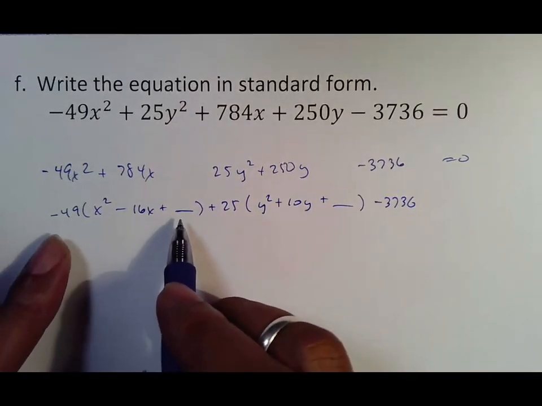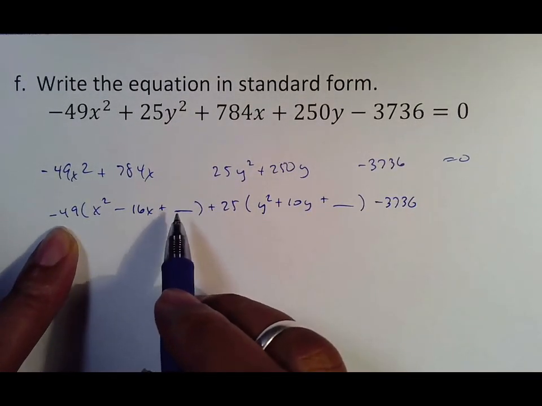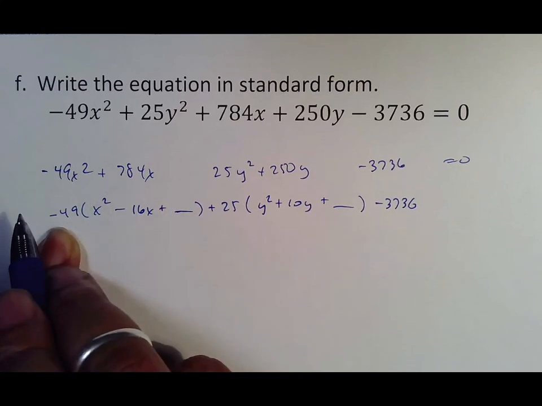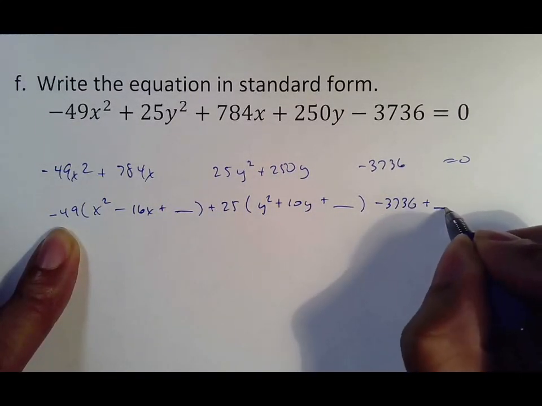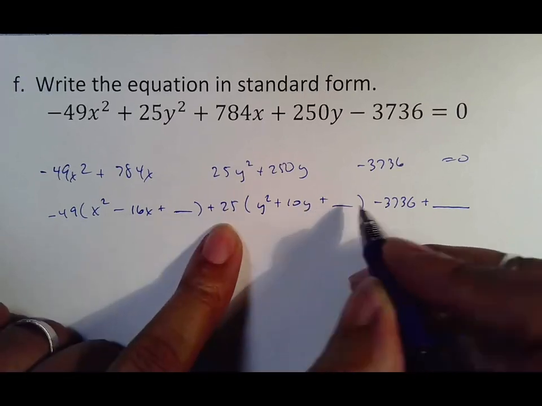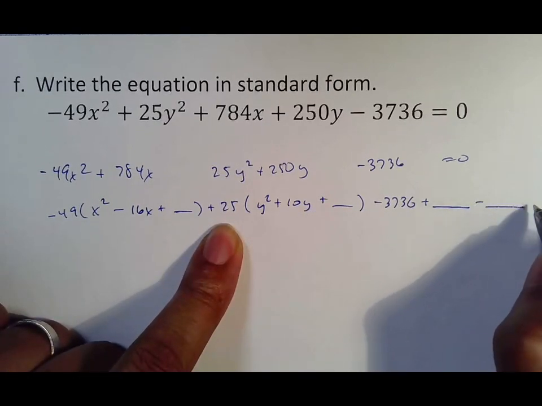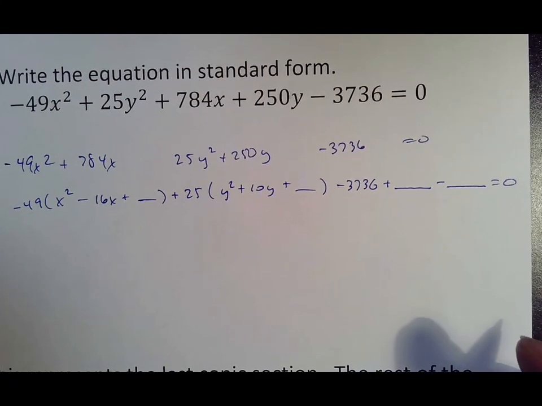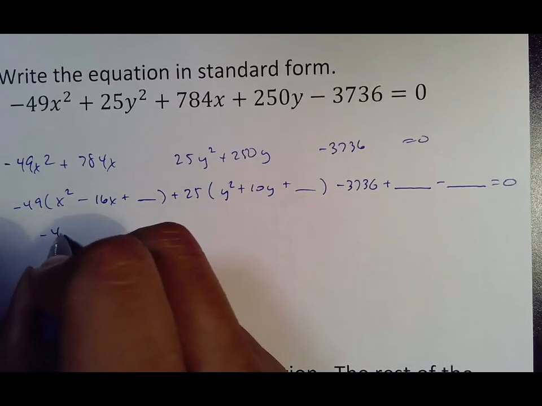But here's the trick, and we saw this again on the other ones with the parabolas. If that number goes in, it's getting multiplied by a negative, which makes it a negative that I'm adding, so I need to offset that one with a positive value of it. This is still going to be positive, so we offset it with a negative, and of course equaling that to 0. And that's what I love about it, is how much work it takes just to get this thing done.